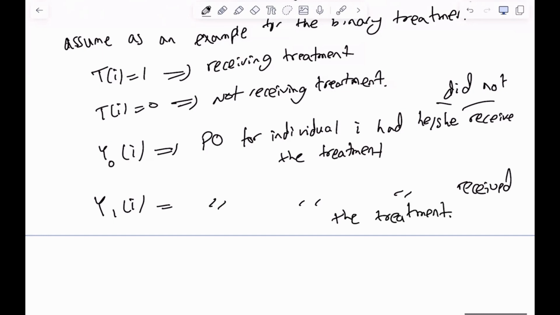Do we have only these two conditions? Absolutely, because we have only two different possibilities of treatment. So what is potential outcome? Potential outcome is all the different possibilities of the outcome that you can have under different possibilities of the treatment. That's all there is. Okay, great.